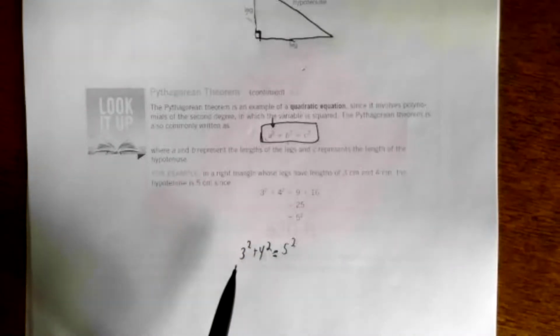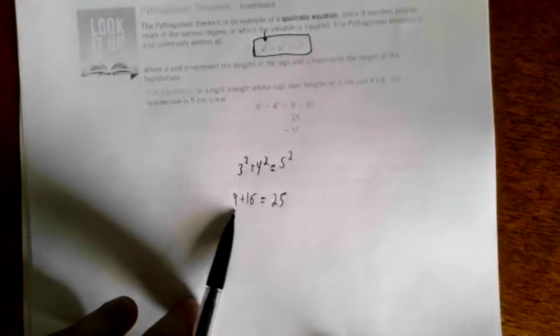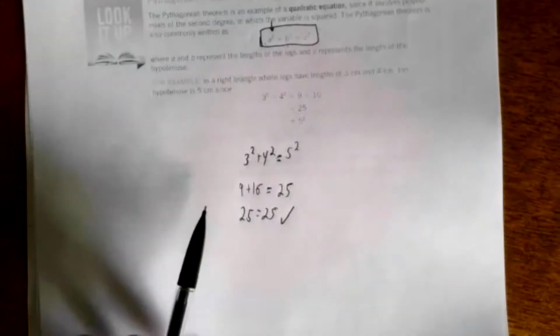So just to make sure that this is true, we can square everything, and then add them together, right? So we have 3 squared, which is 9, 4 squared, which is 16, and that's equal to 5 squared, which is 25, right? And 9 plus 16 is 25, so we get 25 equals 25. That's definitely true, okay?